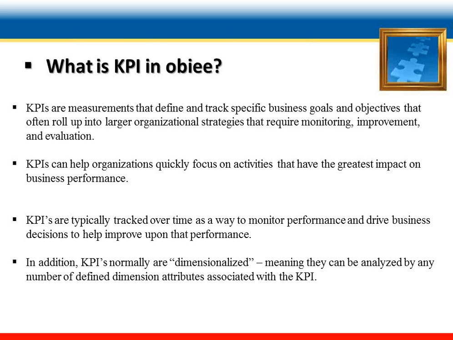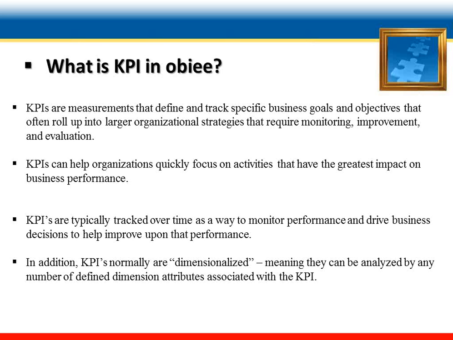evaluations. KPIs, key performance indicators, help organizations quickly focus on the activities which will make the greatest impact on business performance, and also focus on the main activities for business performance.